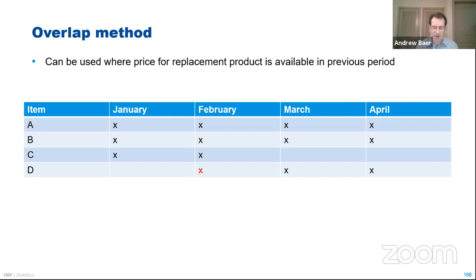So sometimes, maybe in the example of the software company, they go from version 1 to version 2, but maybe when version 2 first comes out, they're still selling version 1, creating an overlap period. So we wait until the new product has been in the market for 2 months, and now we could use February as our overlap period, because in February, both the old product and the new product were being sold.